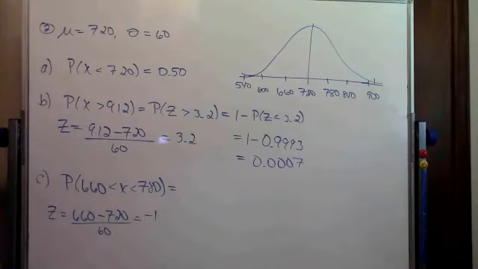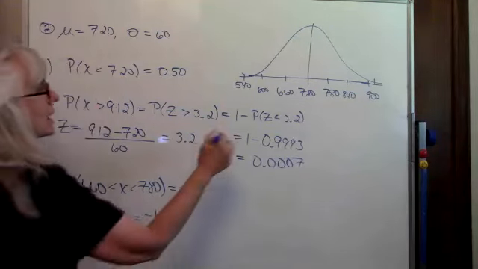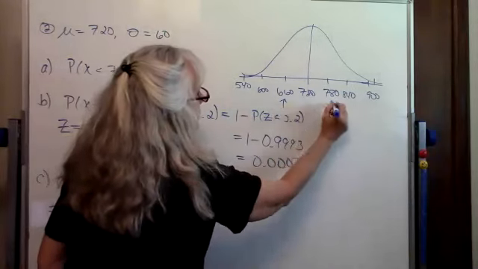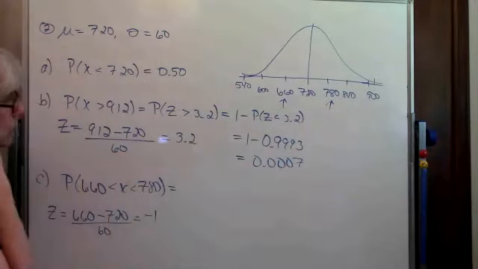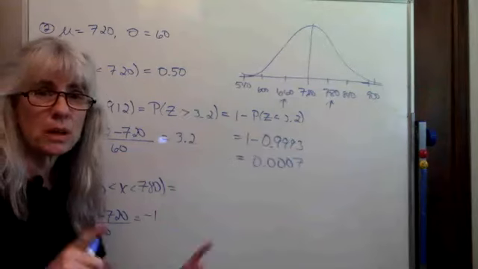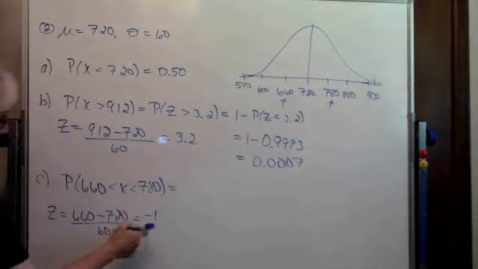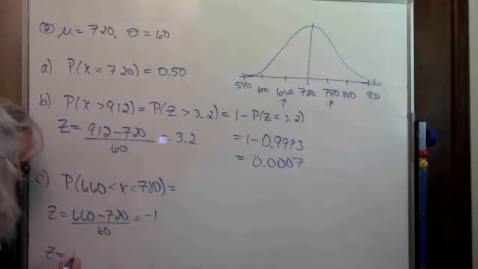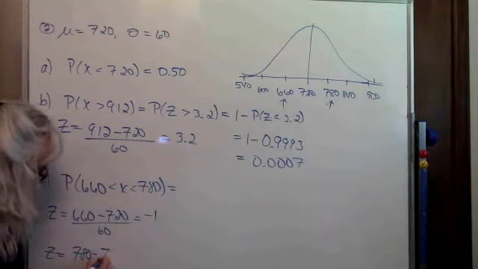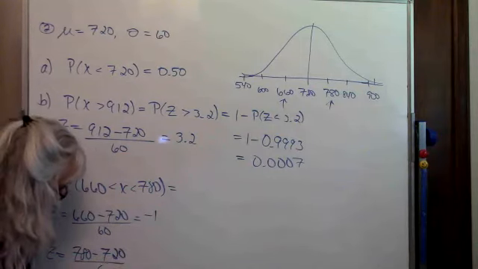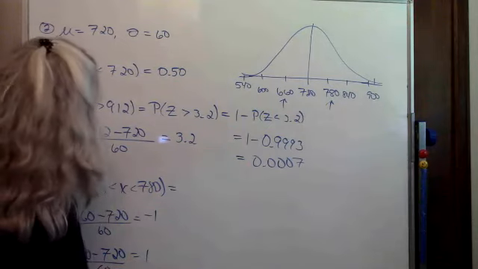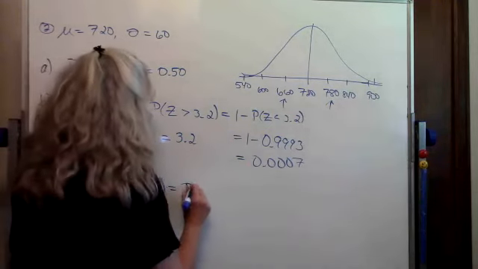So what you should be screaming at the computer right now is, wait, here's the 660, here's the 780. We should get the same answer that we did with the previous example because we're within 1 deviation. So that's that -1 coming in. And if we take the 780 minus the 720 divided by 60, we'll get a +1.